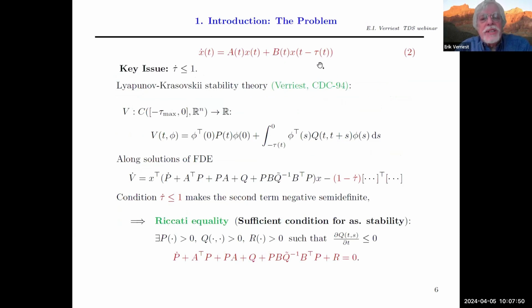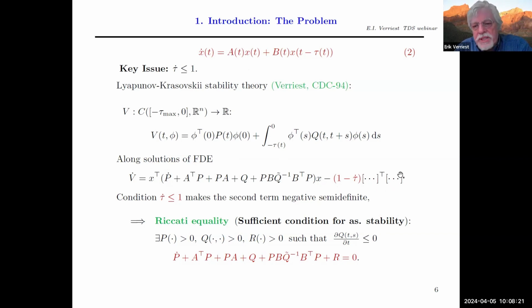And so here is this time-varying extension. There is a key issue, and that's that the delay derivative should be less than 1. And the idea is, again, to use a similar Lyapunov functional, but you put the P and the Q now as time-varying matrices. And then again, along solutions of the functional differential equation 2, you can show that V dot is of this form.